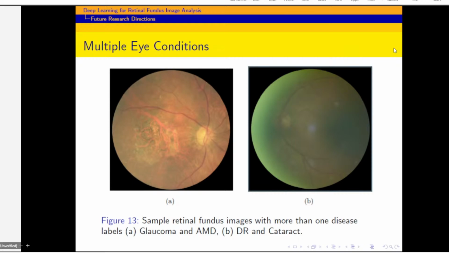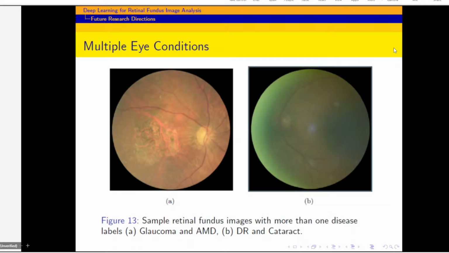The ophthalmologist also tells us that the person has both DR and cataract together. So why can't we develop a single model to solve the same problem, right? This is the major goal here. It is a difficult problem, but it can be solved. Yes, but the accuracy and performance obtained till now is relatively lower compared to the accuracy which you have already seen.